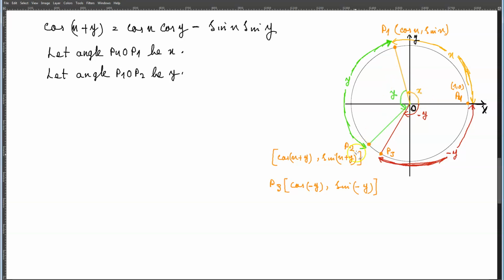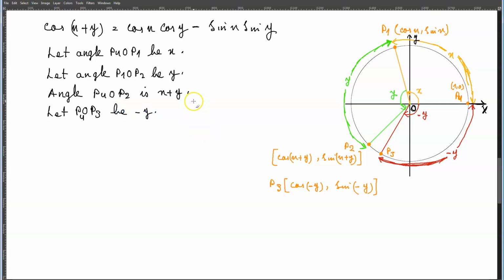This whole angle P4OP2 would be X plus Y, as we have indicated here. Also, negative Y is the angle P4OP3. Let P4OP3 be negative Y, right?